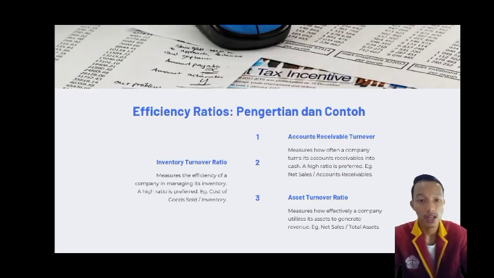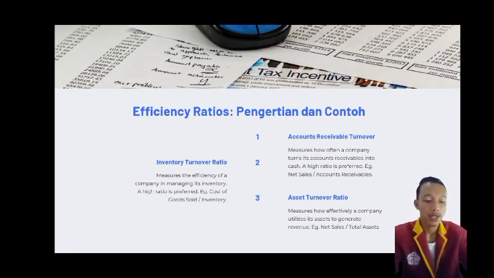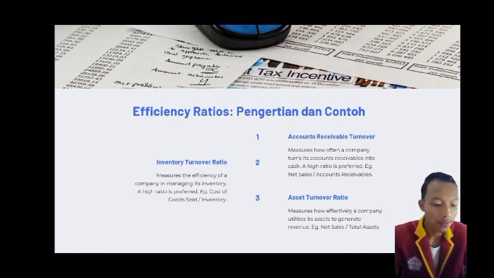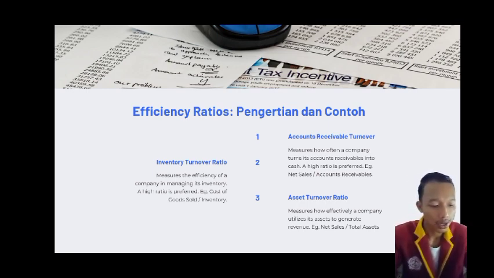Next, slide number 8, efficiency ratios. Point number 1, accounts receivable turnover measures how often a company turns its accounts receivable into cash. A high ratio is preferred, as net sales over accounts receivable.